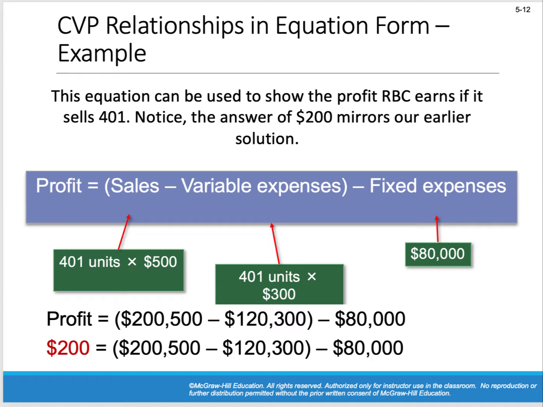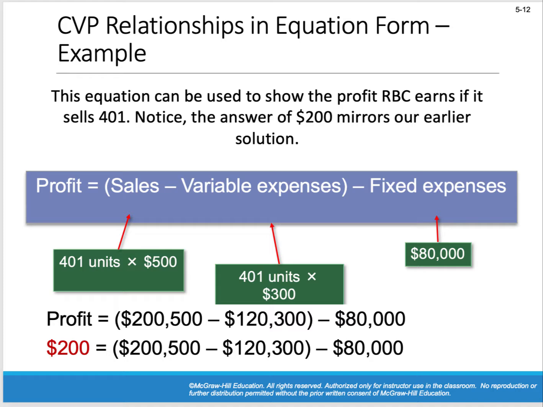So we have 401 units times $500. We subtract from that the total variable expenses. What are our total variable expenses? Again, we're taking the per unit cost times the sales volume. So we take 401 units times our unit variable cost of $300.